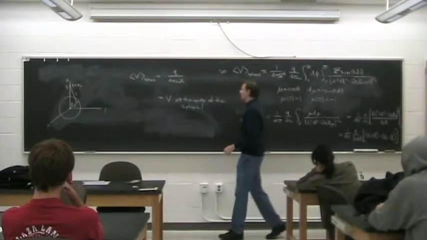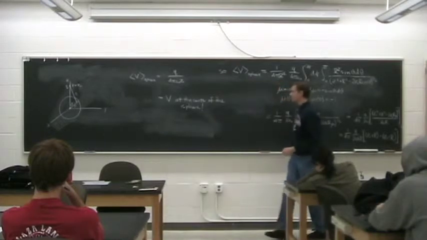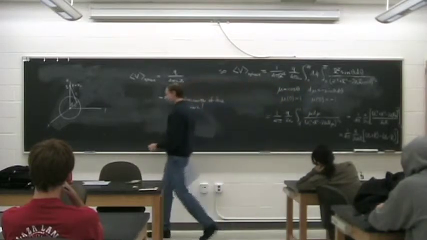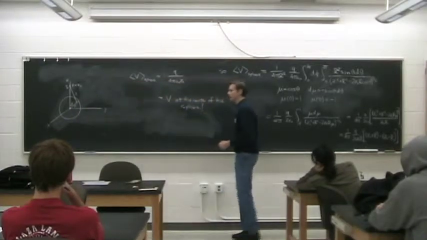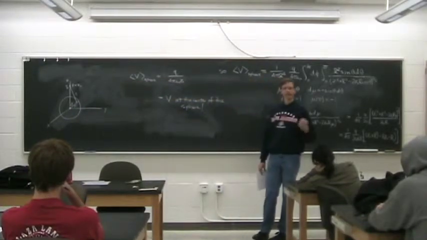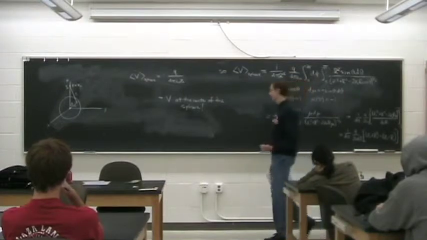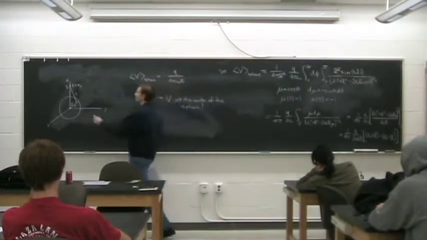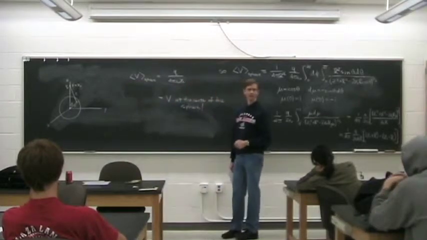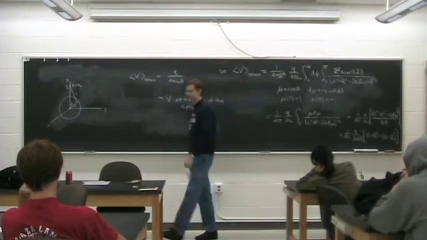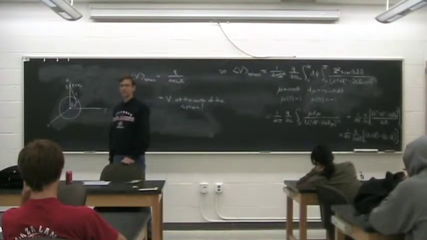The average of the potential due to a point charge over any sphere is equal to the value of the potential at the center, as long as the sphere doesn't have q inside of it. We did assume that q lay outside the sphere. So as long as q is outside the sphere, the average of V over the surface of the sphere is equal to the value of V at the center.